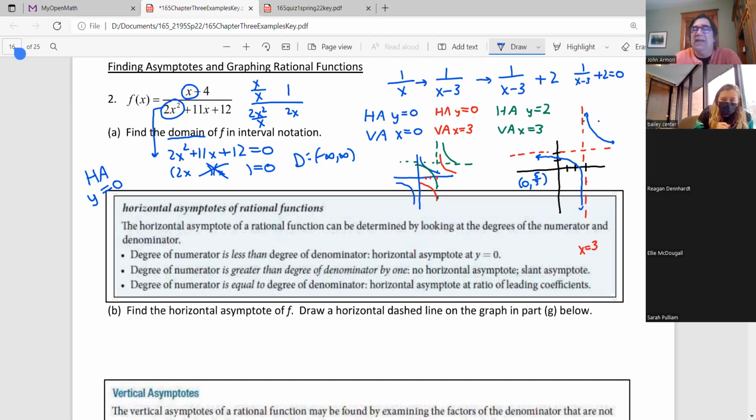If the degree of the denominator is larger than the degree of the numerator, you automatically have a horizontal asymptote of y equals 0. It just means that the denominator is getting bigger at a faster rate than the numerator is. So that's one possibility. The second possibility is to have a graph like this.